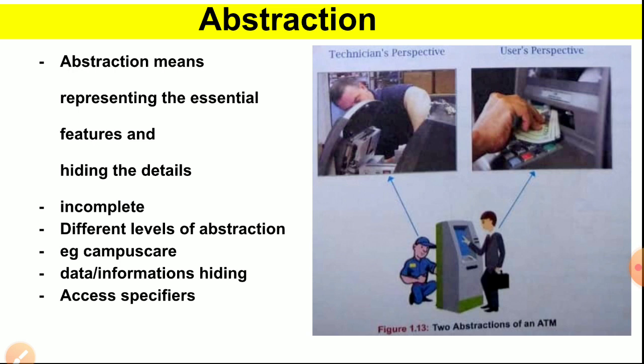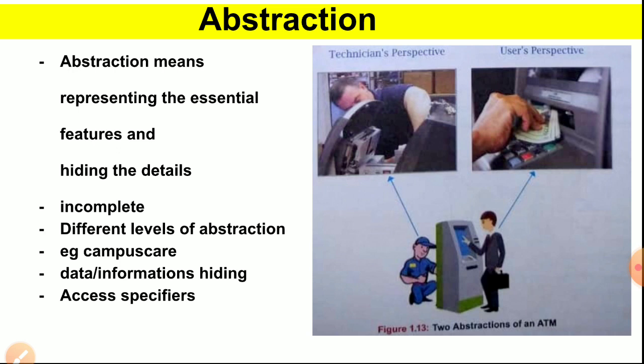So there you can see that in the ATM you have an interface. Okay, the interface consists of a few keys, right, and a screen and a place to insert your ATM card. That is the interface between you and the banking system.